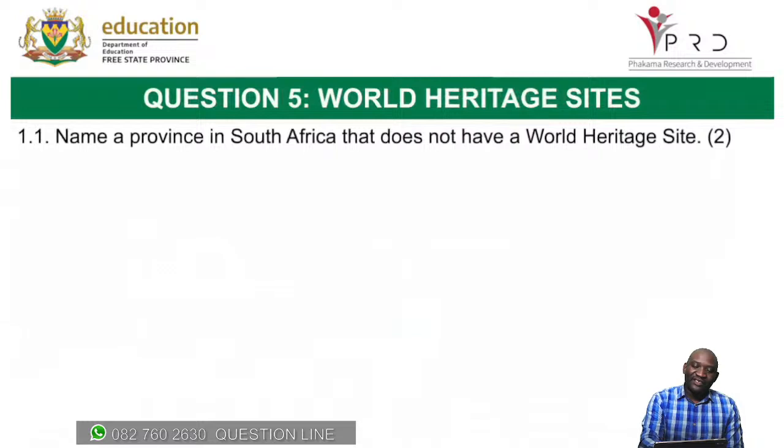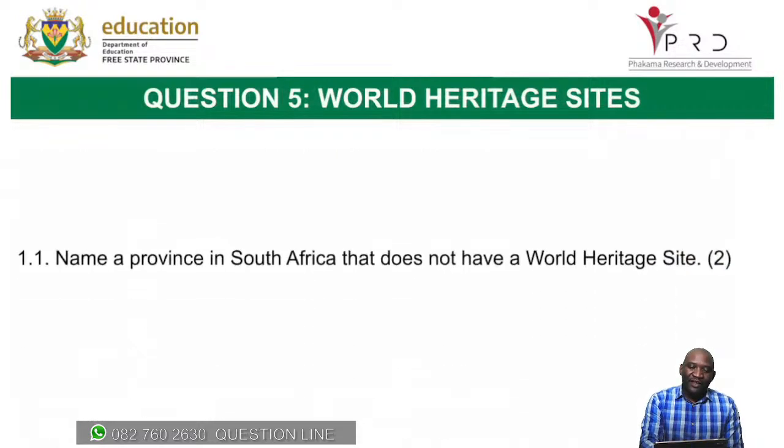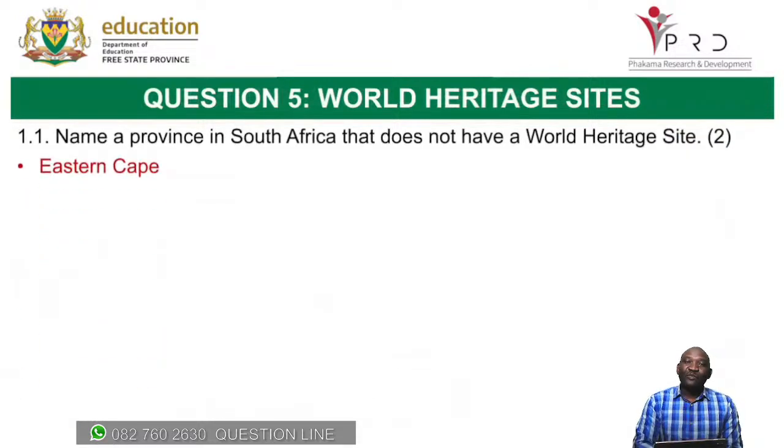Right, let's find out. Let's check. It is the province of Eastern Cape. Most of you got that one correct. All the other provinces either share a World Heritage Site or host one. Probably there are so many beautiful sites in Western Cape, and I know that work is underway to proclaim some of them as World Heritage Sites.